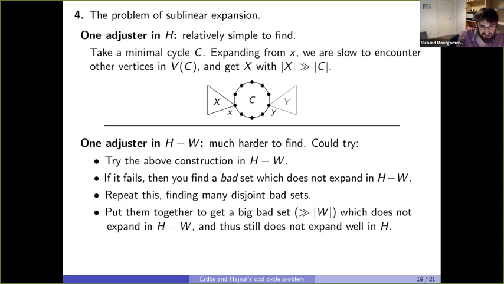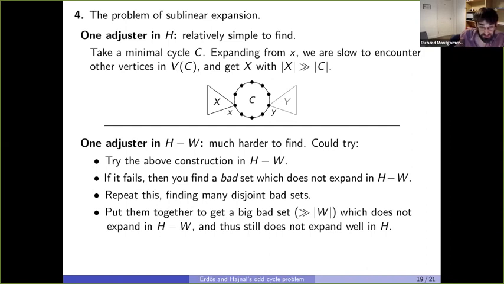So we can try the same construction, starting off with a short cycle and expanding it. And if it goes wrong, we end up with a bad set, which doesn't expand in this graph with W removed. Then we repeat this, and we find many disjoint bad sets. Until now, we haven't got any contradiction. It's fine. These bad sets may not expand in H minus W, but they still expand in H.